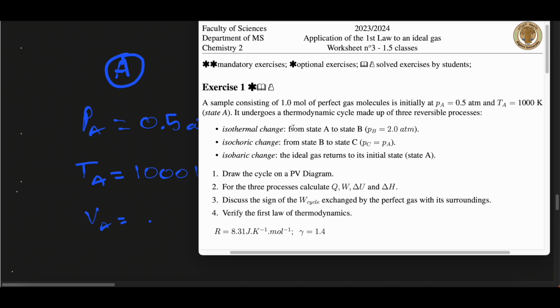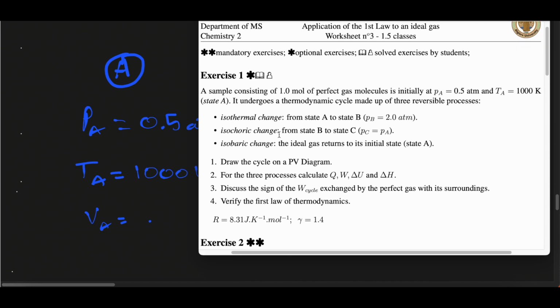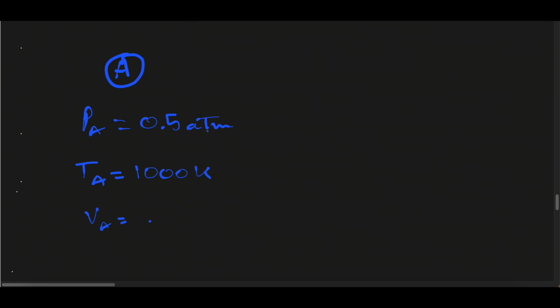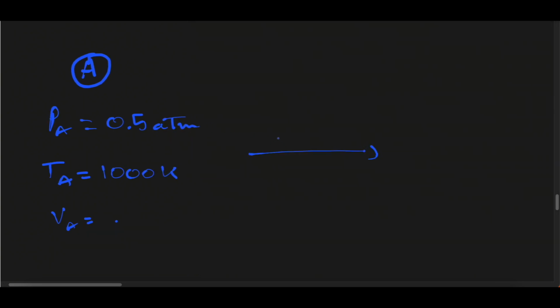So now this 1 mole of perfect gas will undergo first an isothermal change to a state B, where the final pressure is equal to 2 atm. Here we have isothermal, which means that the temperature is constant.